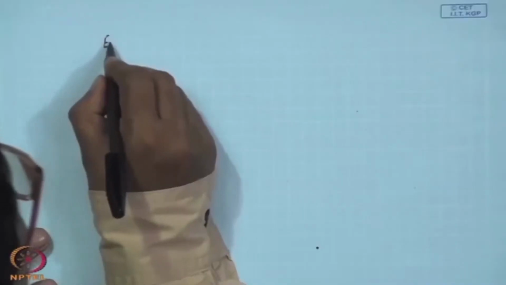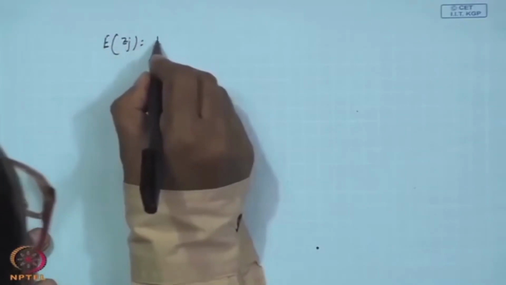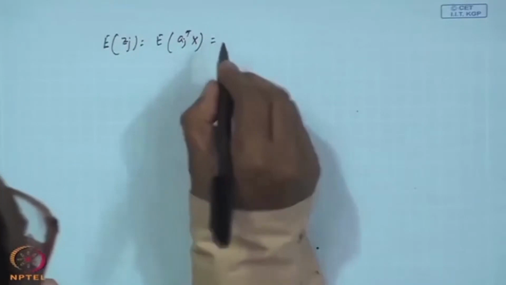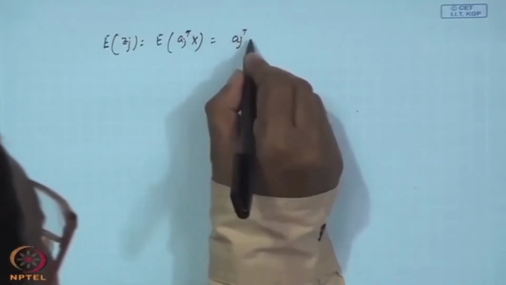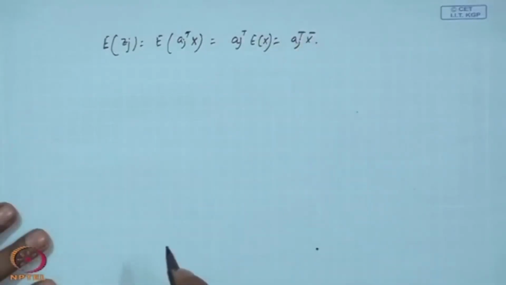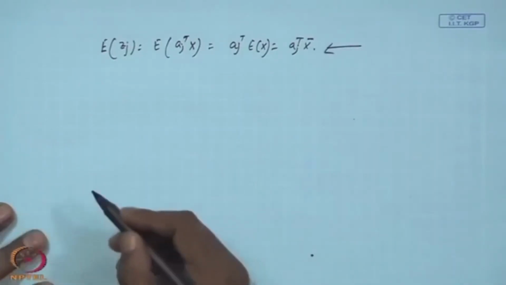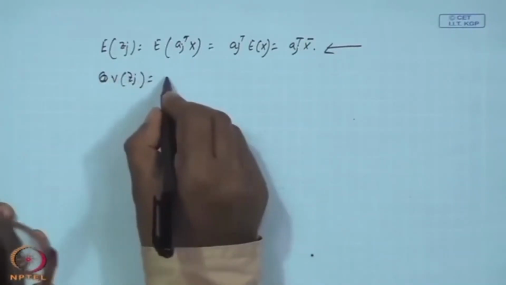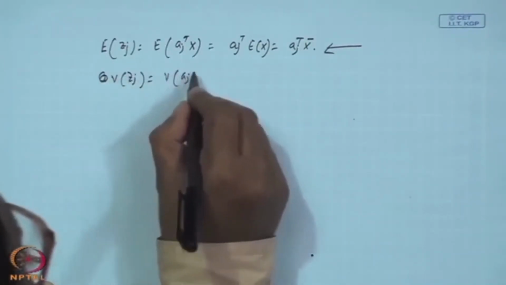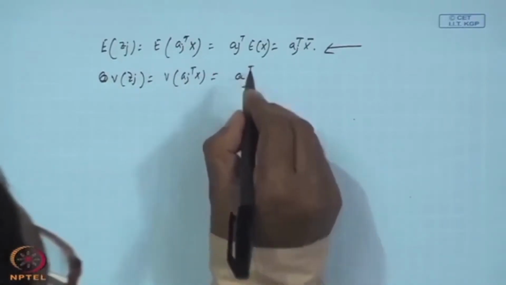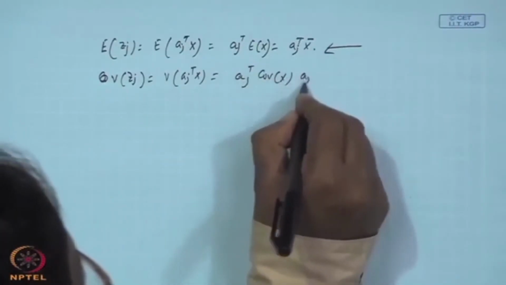When we use sample PCA, then your expected value of Zj will be expected value of Aj transpose x. So, this will be Aj transpose expected value of x, which will be Aj transpose x bar, from sample point of view. Similarly, your variance of Zj will be variance of Aj transpose x, which will be nothing but Aj transpose covariance of x Aj.